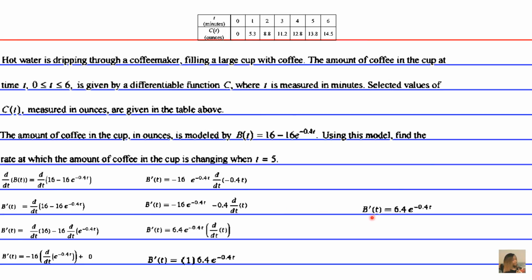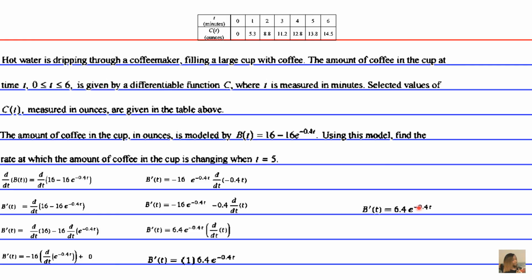And b prime of t, or the rate at which the amount of coffee in the cup is changing in general, not at t equals 5, is going to be represented by this 6.4 times e to the negative 0.4t. Now what we can do is go ahead and plug in 5 for t, and we're going to have e raised to the negative 2 power, okay?